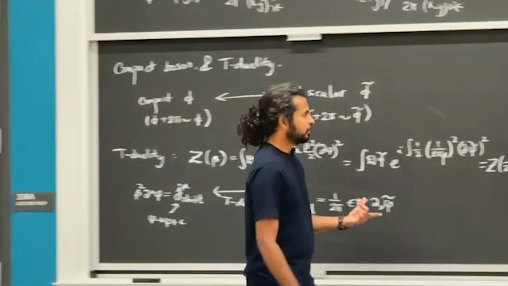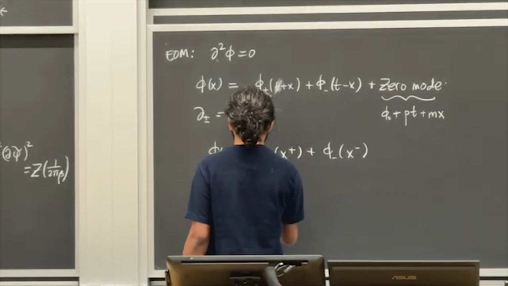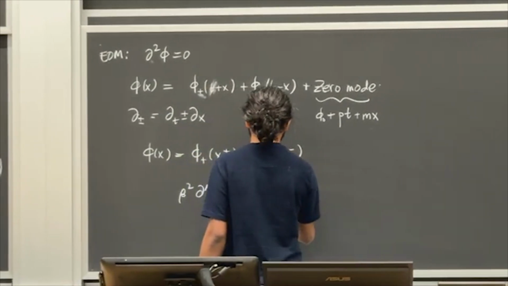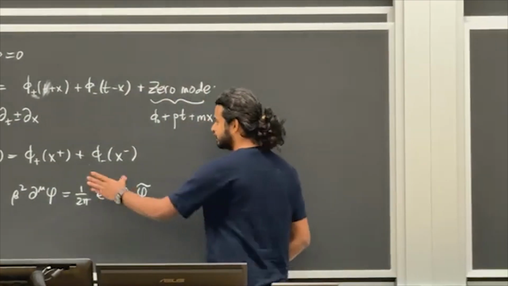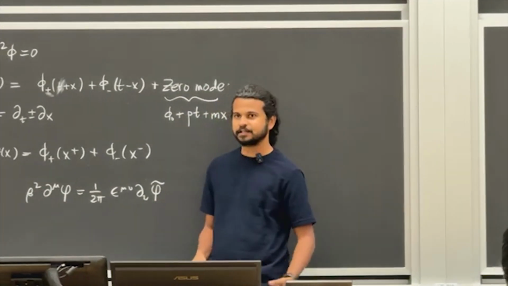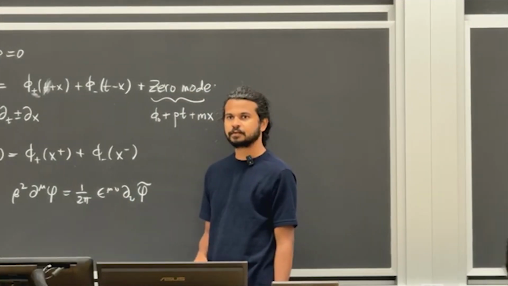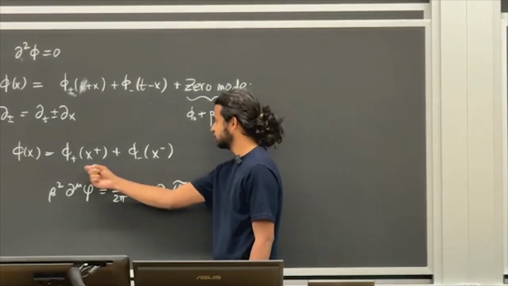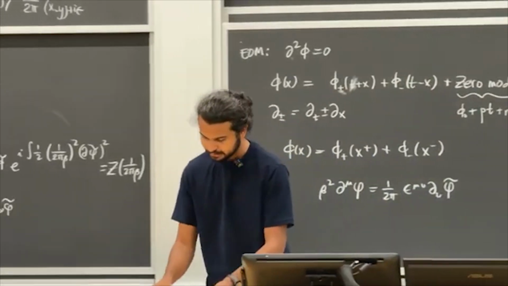So we have this equality: beta square d mu phi is the same as 1 by 2 pi epsilon mu nu d nu phi tilde. So we will try to plug this here and try to discover how to write phi tilde in terms of phi plus and phi minus. And you'll see why we are keen to write phi tilde in terms of phi plus and phi minus immediately after. So first let's do that.